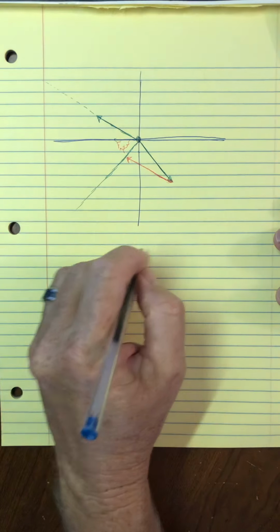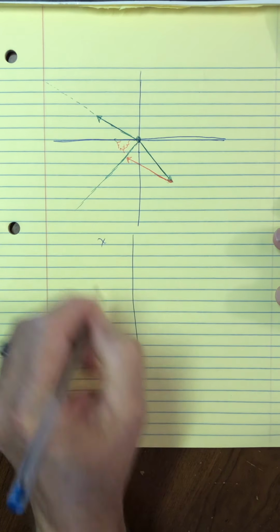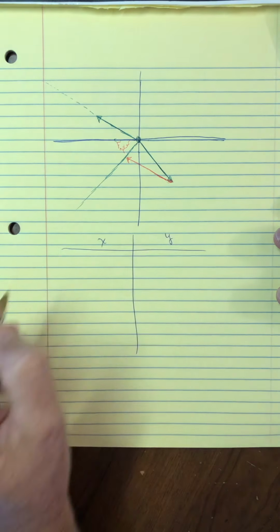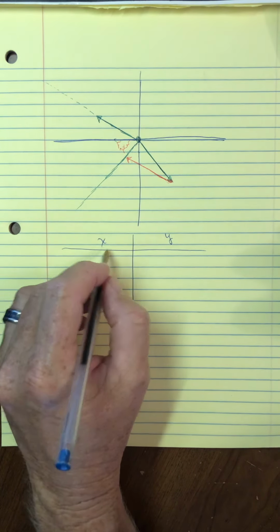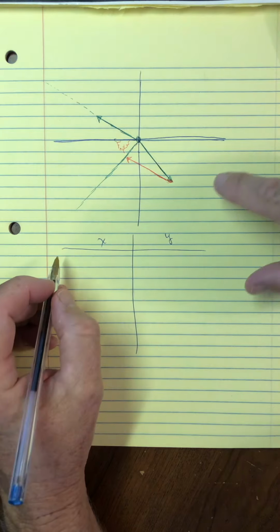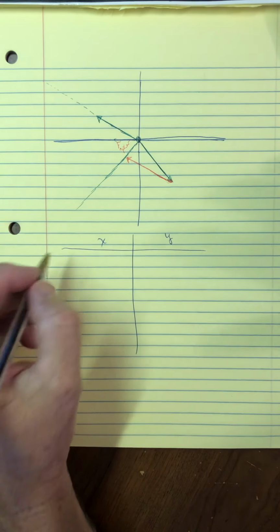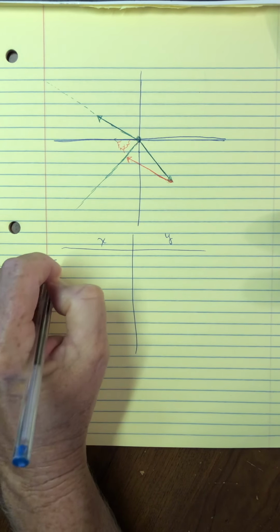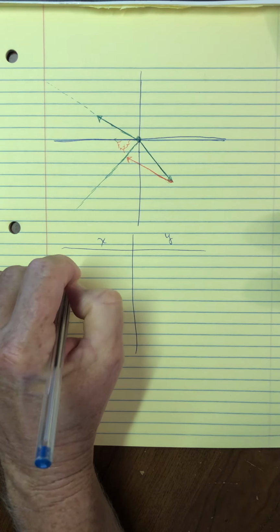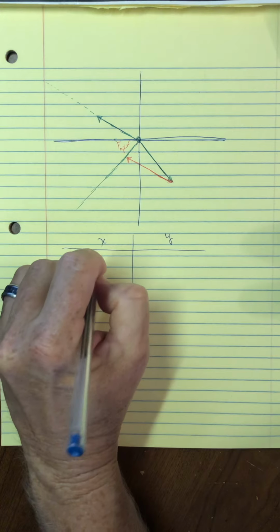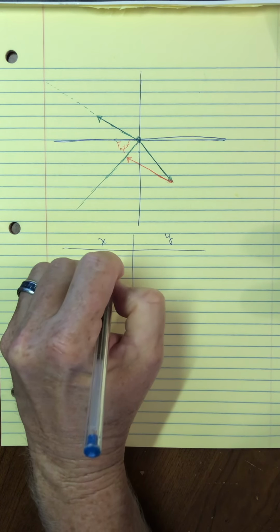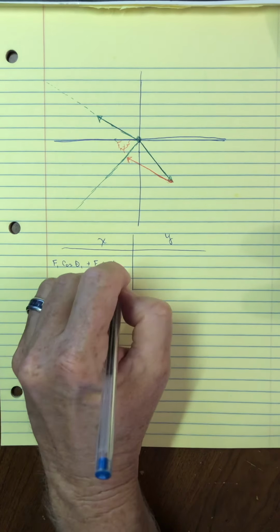Now, mathematically, then we have x components and we have y components. And so if we add x components together, we would do something like this. We would have F1 and how much of it is on the x-axis, and F2, how much of it is on the x-axis.